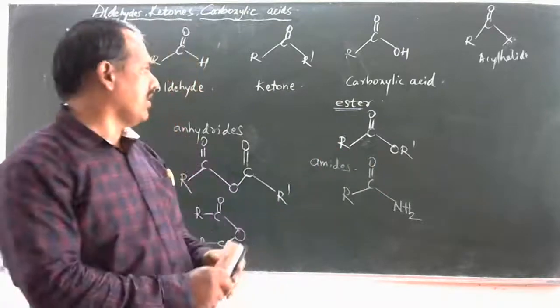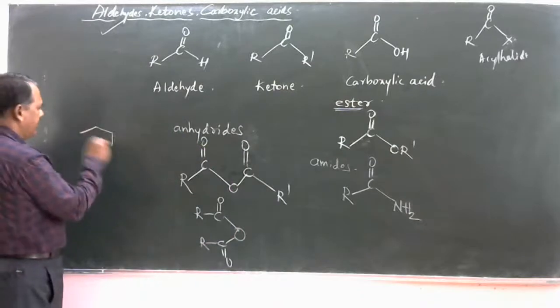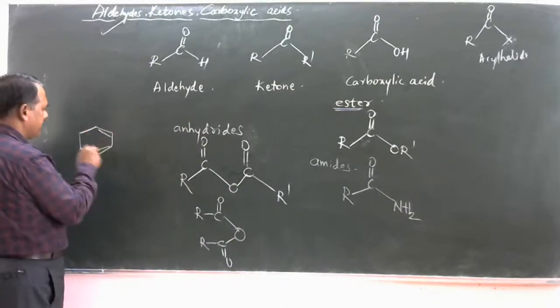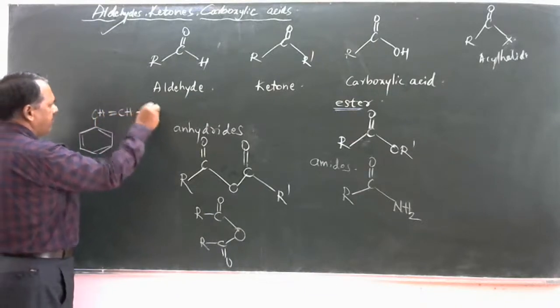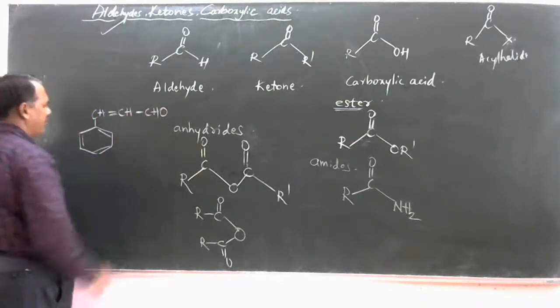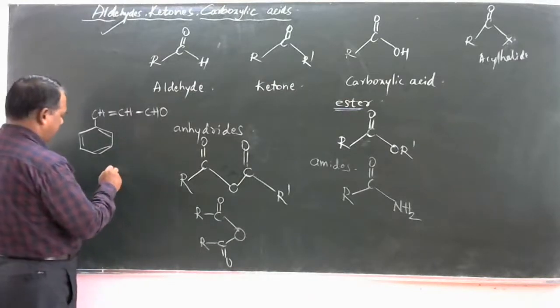For example, cinnamaldehyde: a benzene ring, CH double bond CH and CHO. So it is cinnamaldehyde.